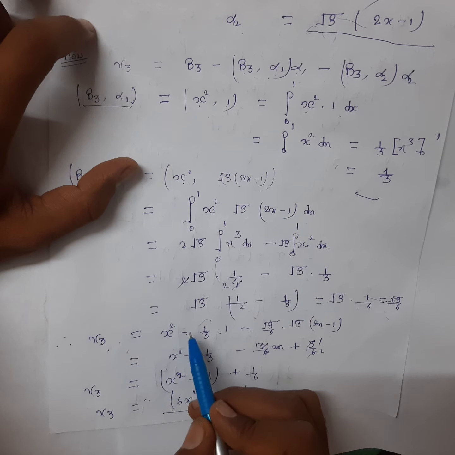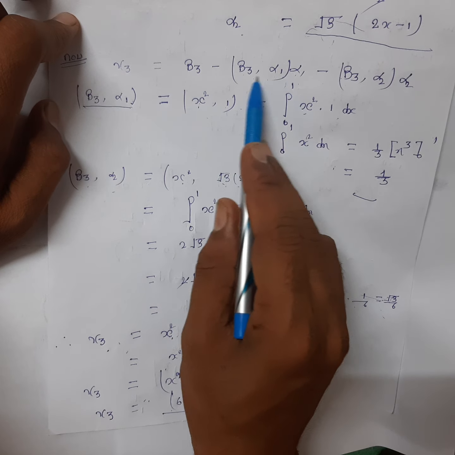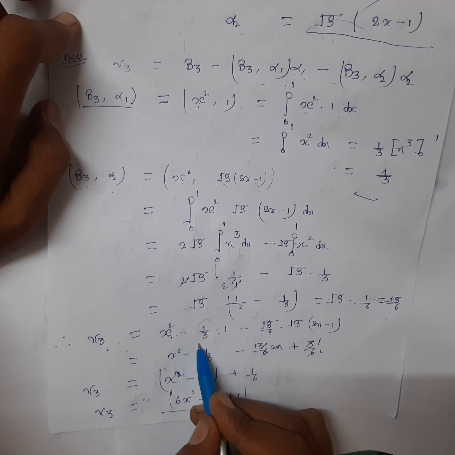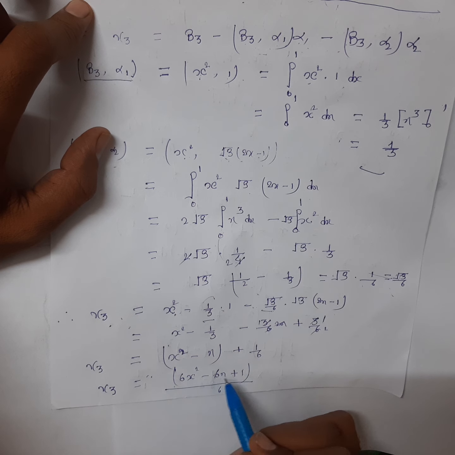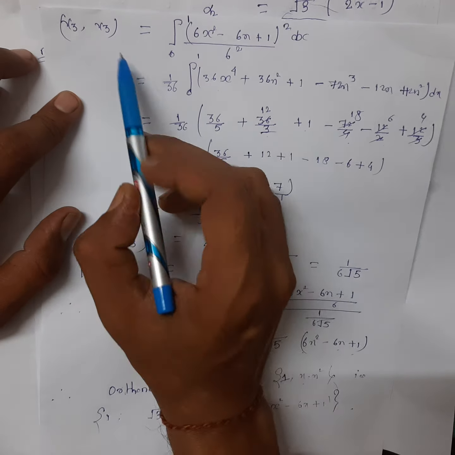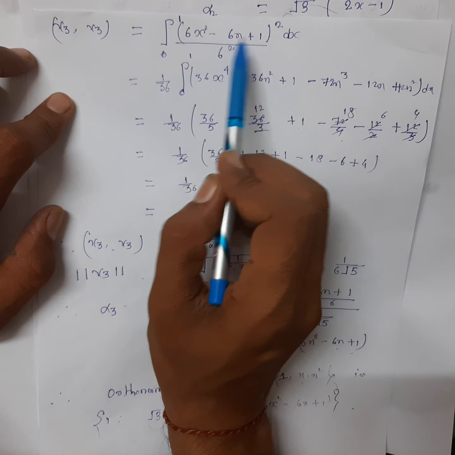So gamma 3 will be, by the formula, beta 3 minus <beta 3, alpha 1> minus <beta 3, alpha 2> alpha 2. So finally we get this as gamma 3. Now when we find gamma 3, what will be their inner product? Their inner product will be gamma 3 into gamma 3, that is the square.